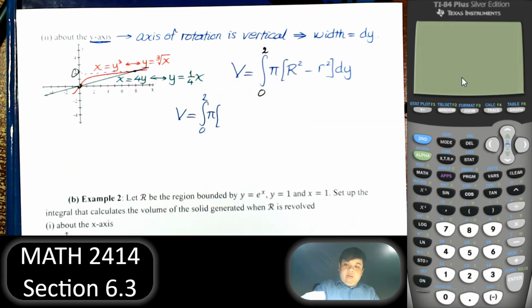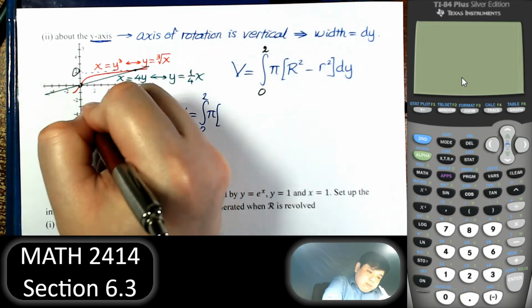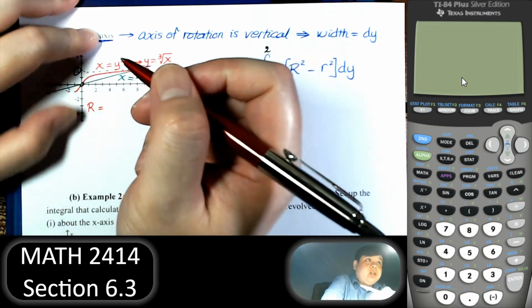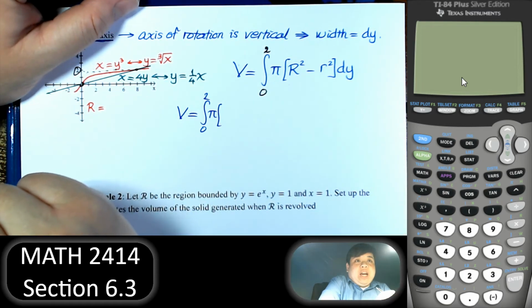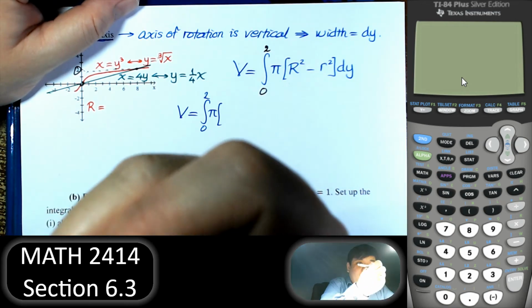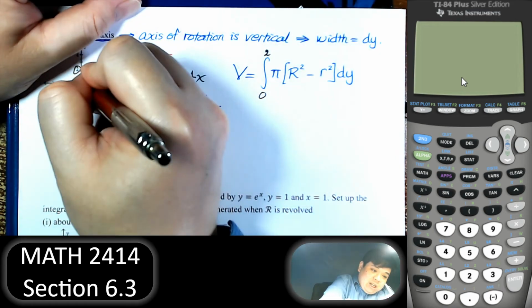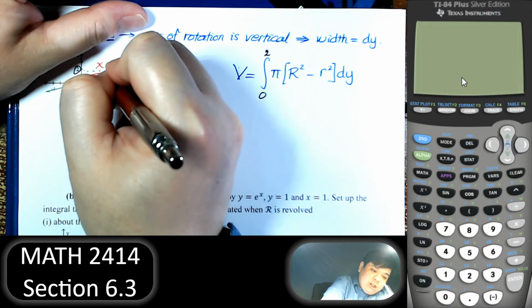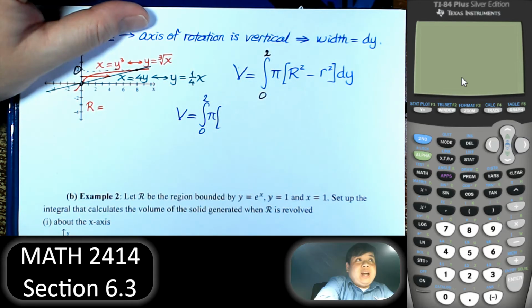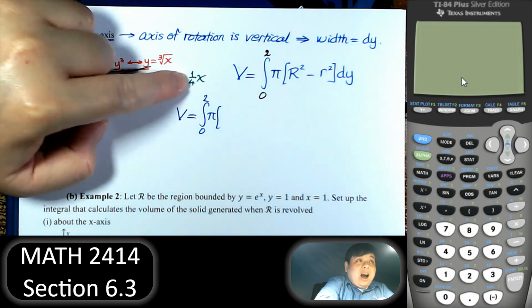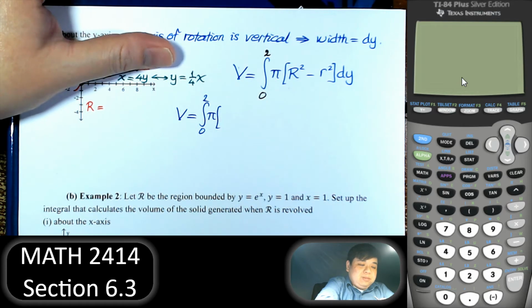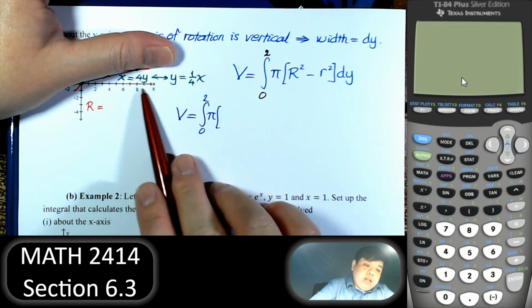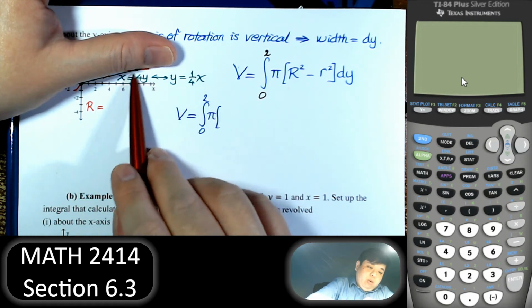The big radius is going from the axis of rotation to the outer edge. So in that case, it is this line and not that curve. And we have y, so we have to use the function in terms of y. So it's going to be 4y.